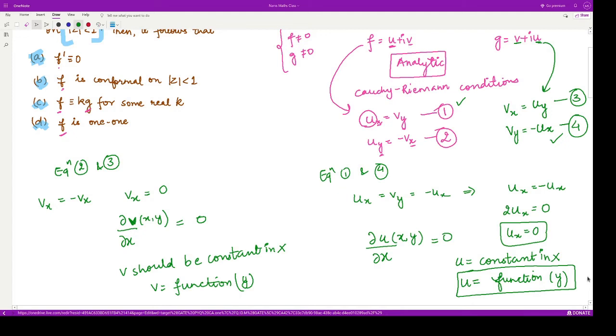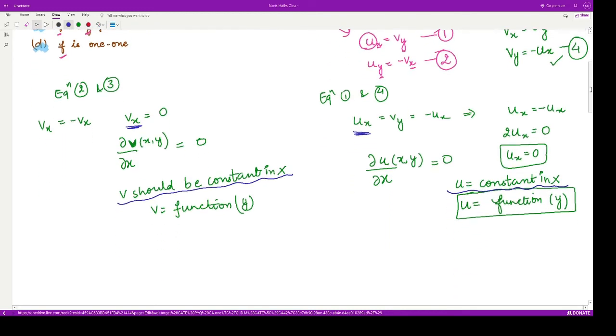So similarly, we have just calculated that v is a constant in x and u is also constant in x, so from these two terms, ux and vx. So now we can again use these equations to look at vy and similarly uy. So how can we calculate these two?